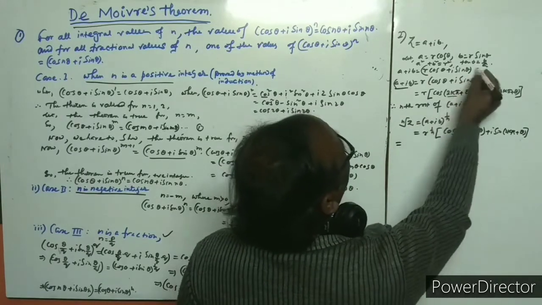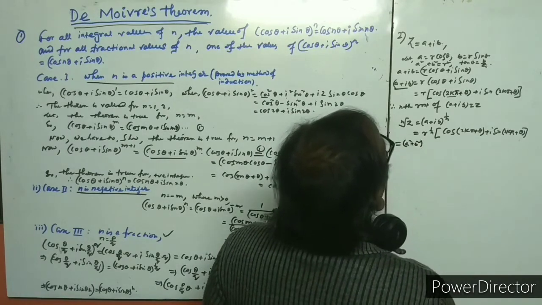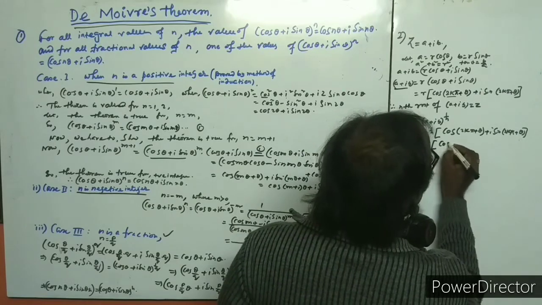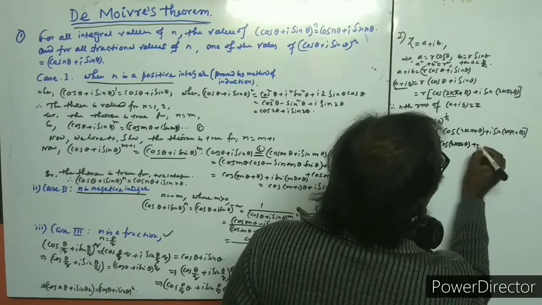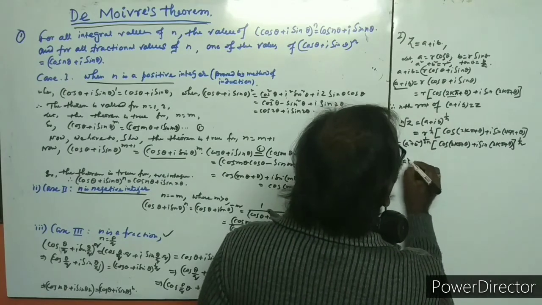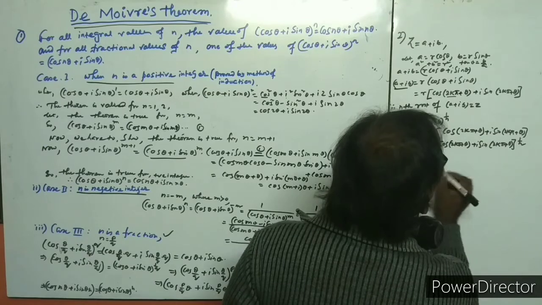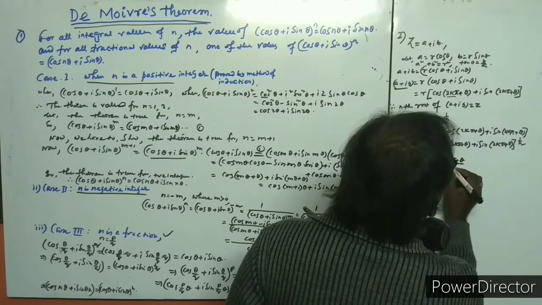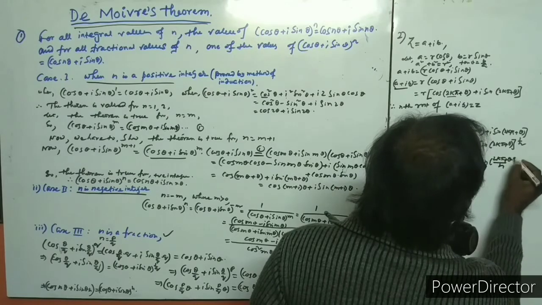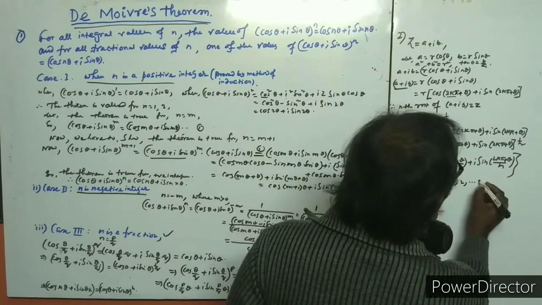Okay, this is equal to, r means √(a² + b²), so (a² + b²) to the power 1/2, and nth root, so that's why 1/2n. So (a² + b²) to the power 1/2n, and cos((2kπ + θ)/n) + i sin((2kπ + θ)/n), where k = 0, 1, 2, 3, ... to n − 1.